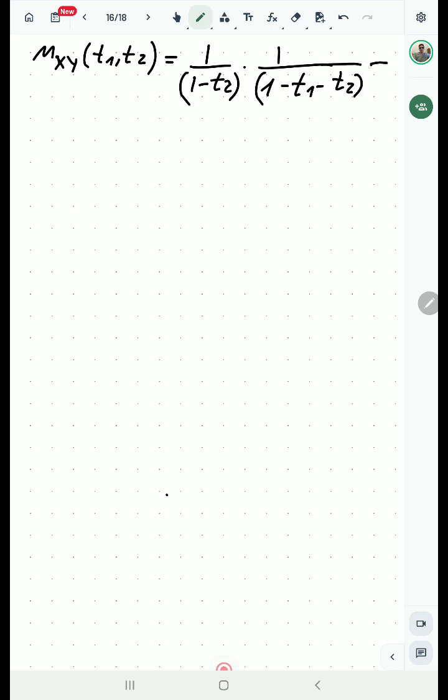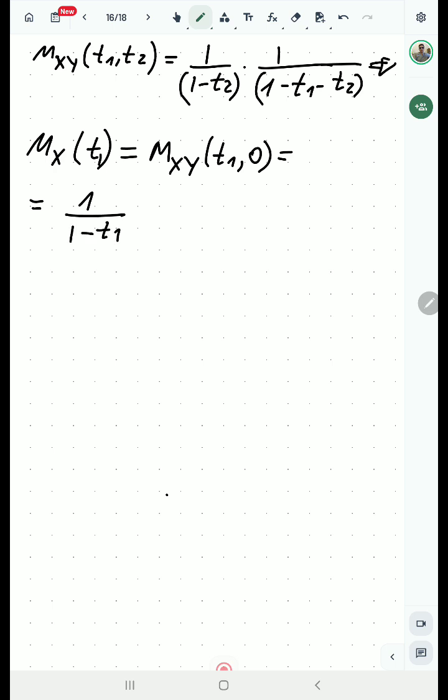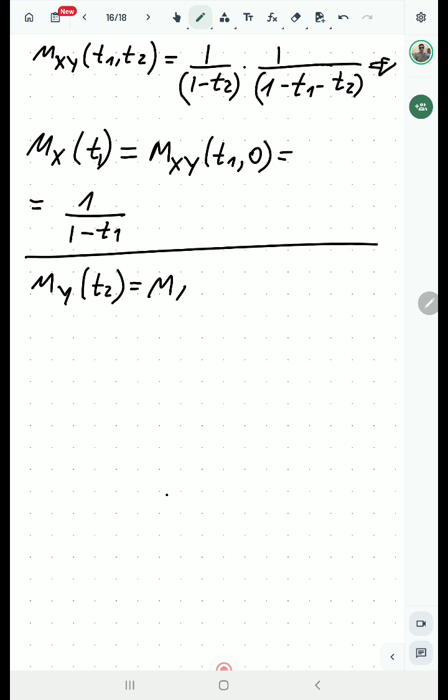This implies that if you want to find the moment generating function of x, the marginal PDF of x, then just set t2 to 0. If you do that, you're going to receive 1 over 1 minus t1, right? By the same token, we can find the moment generating function of y.